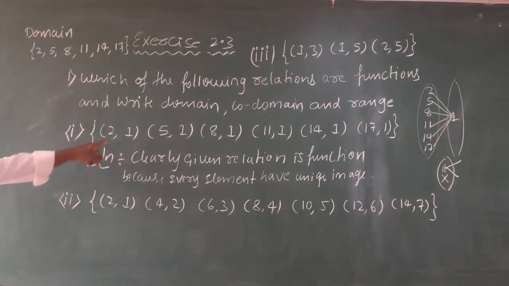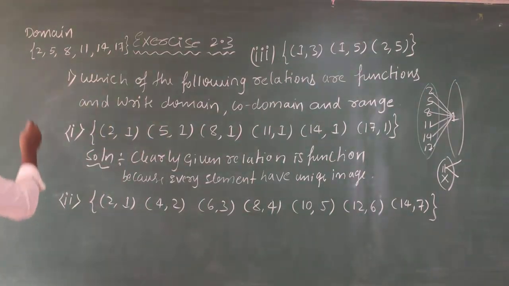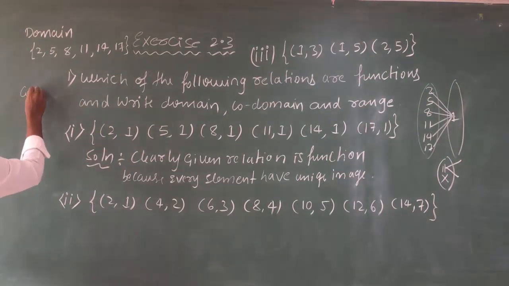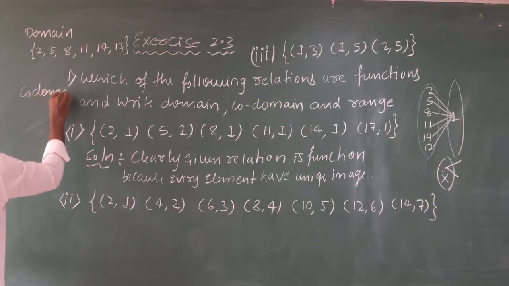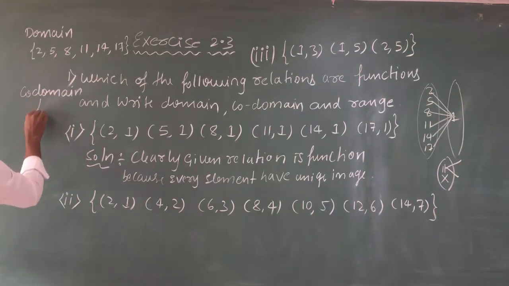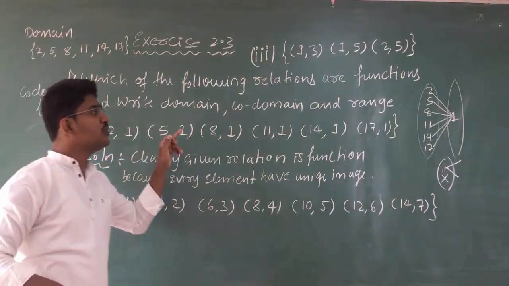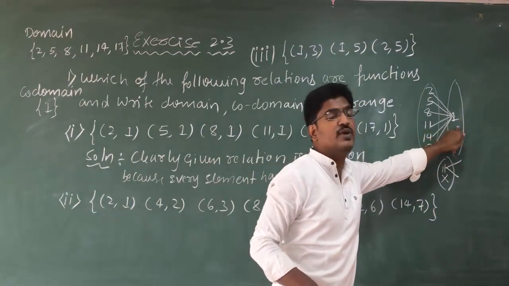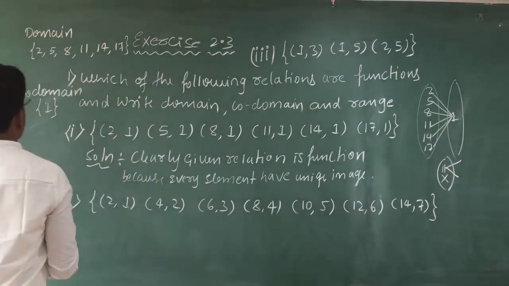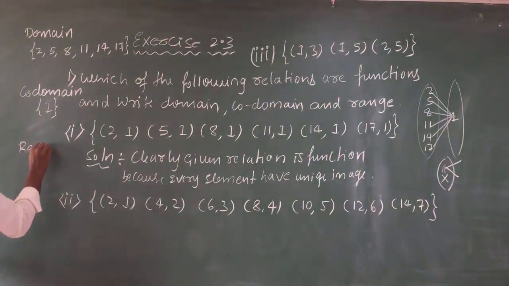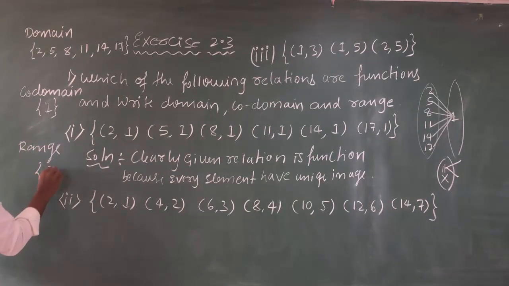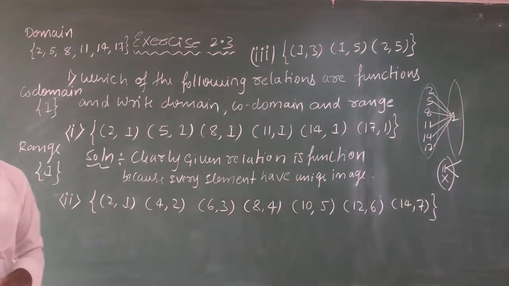Next, codomain, single element, that is 1. Range is also the same, because the output is a single element, that is 1. So that's why range is also the singleton set 1. Clear?